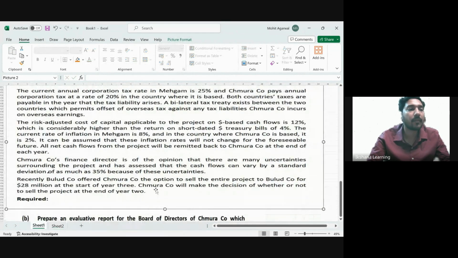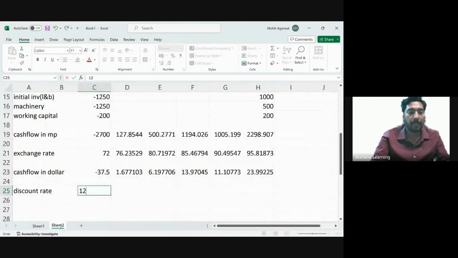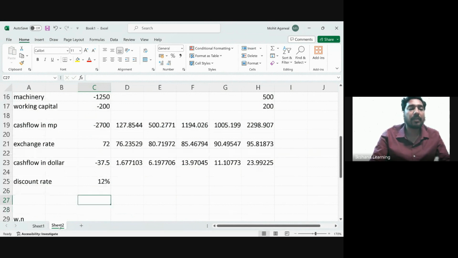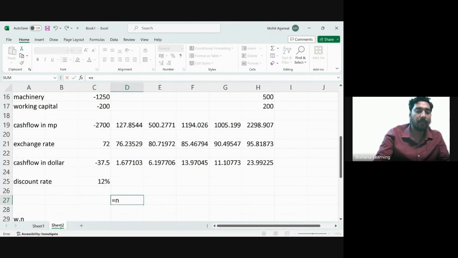The risk-adjusted cost applicable to the project in dollar-based cash flow is 12%, which is higher than the short-term treasury bill. So this is also given to us. One part we are not discussing right now, which requires knowledge of Black-Scholes option pricing model. Once we have discussed that, you can do it on your own, it will become very easy. Now simply calculate the NPV.